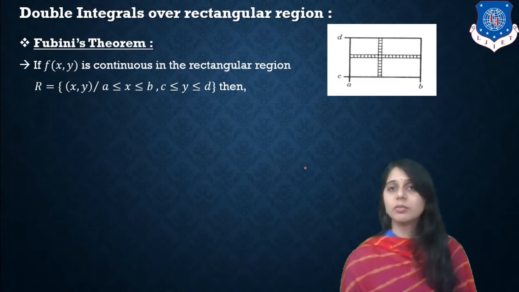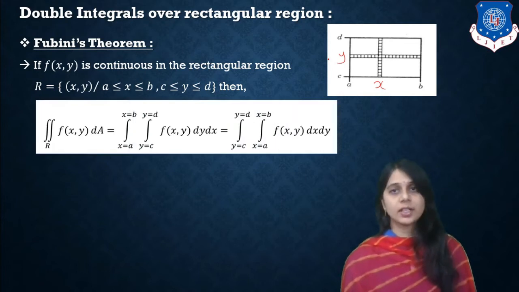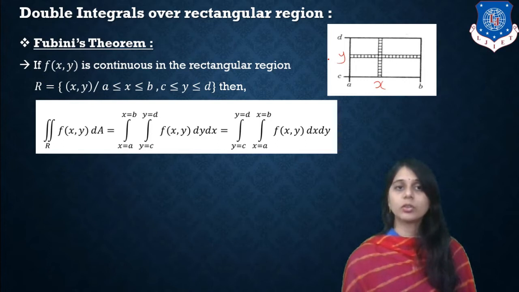See, in the image we see that there is a, b and c, d, where x is between a and b; this is your x line, this is your y line. So we say the double integral over R of f(x,y) dA equals the integral for x equal to a to b, y equal to c to d of f(x,y) dy dx, or the integral for y equal to c to d, x equal to a to b of f(x,y) dx dy.